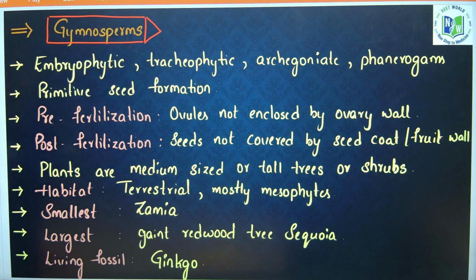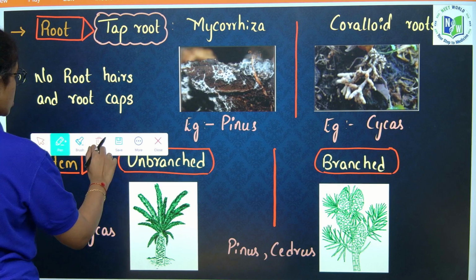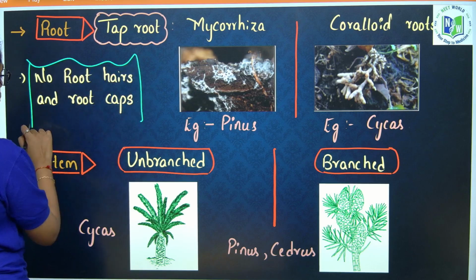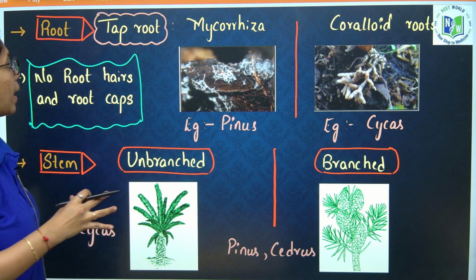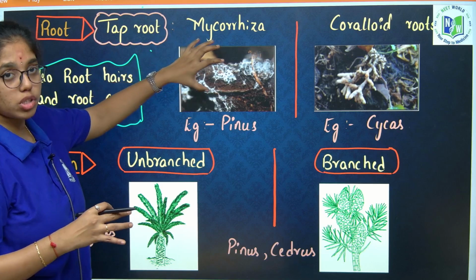Next, if you look into the vegetative characters, root, stem and leaf. Root is, of course, a taproot system, but there are no root hairs or root cap. To this taproot system, there are fungal associations in Pinus.